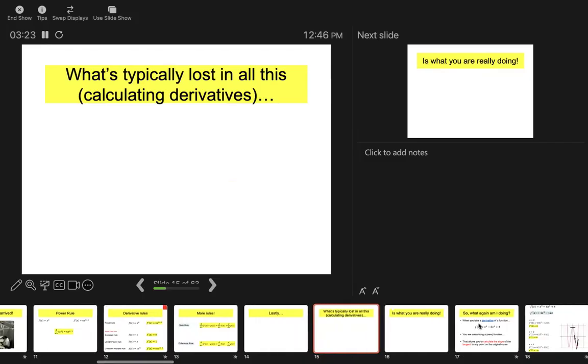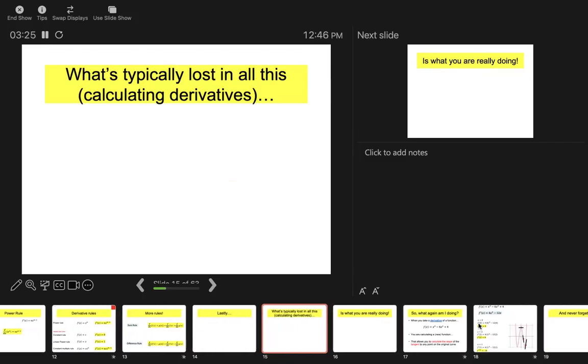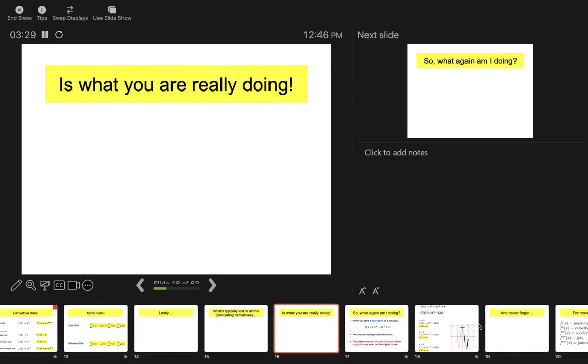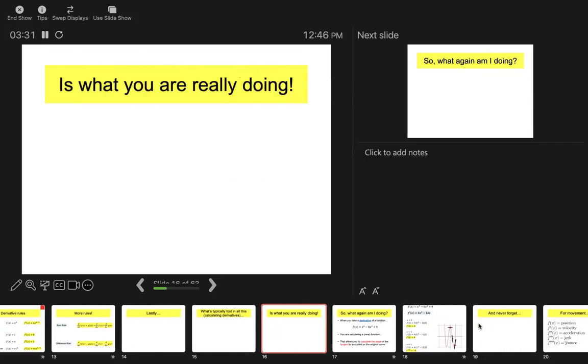Lastly, what's lost in all the conversation we have about calculating derivatives is the big picture: what are you really doing? Finding the slope. We're not just finding the slope, we're finding the slope of a tangent. And not just that, we're finding all of them.